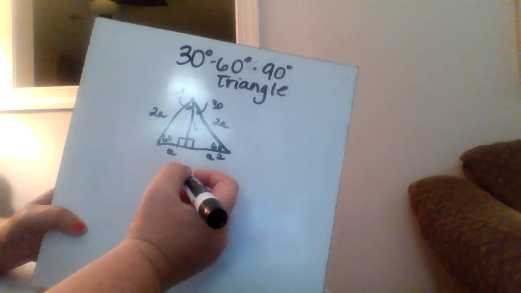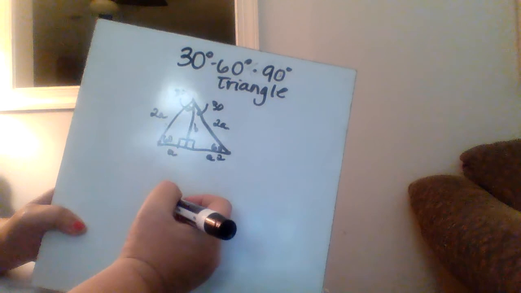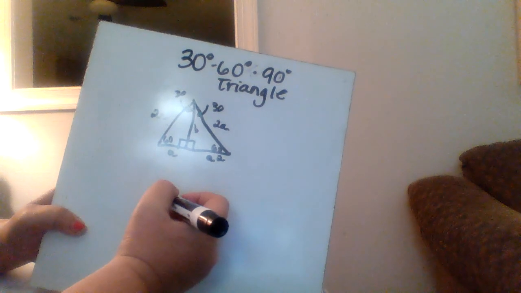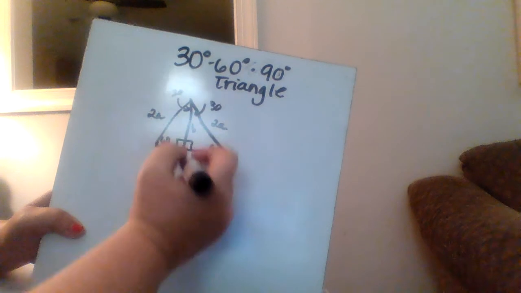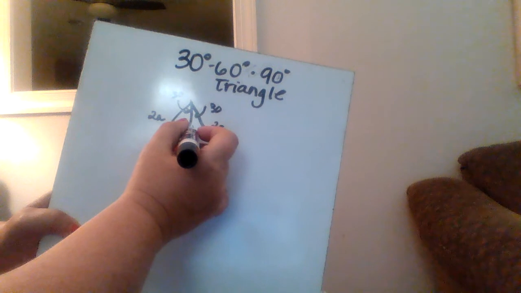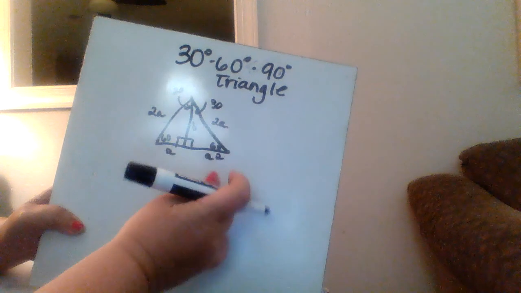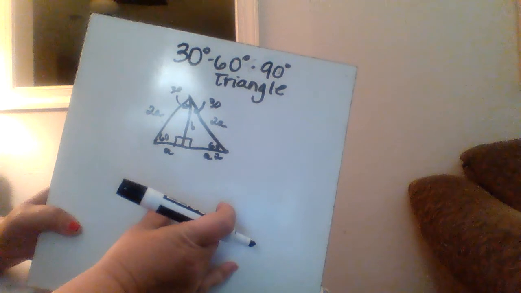Each right triangle has a hypotenuse of length 2a, and then it has a shorter leg of length a, and we're going to let b be the length of our longer leg. So we have shorter leg, longer leg, and then 2a is our hypotenuse.